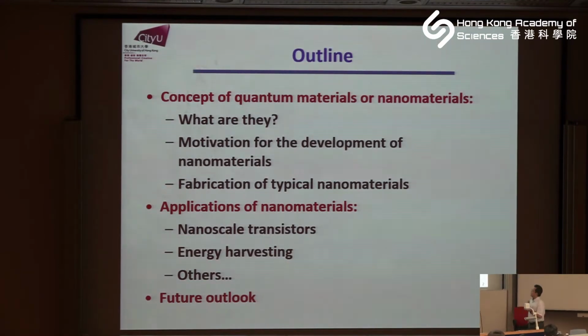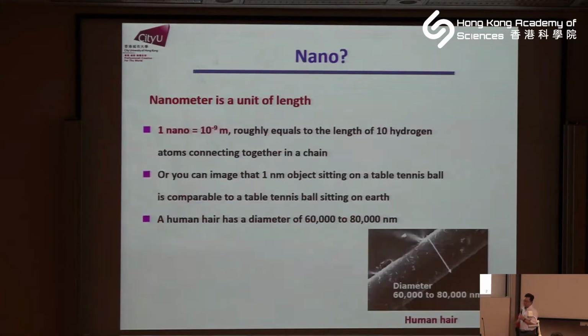Also, why do we want to develop nanoscale materials, and why is it important? Most important is how we fabricate those materials. For the application part, as I mentioned, we will introduce the use of nanomaterials in transistors, energy harvesting, and some other applications.